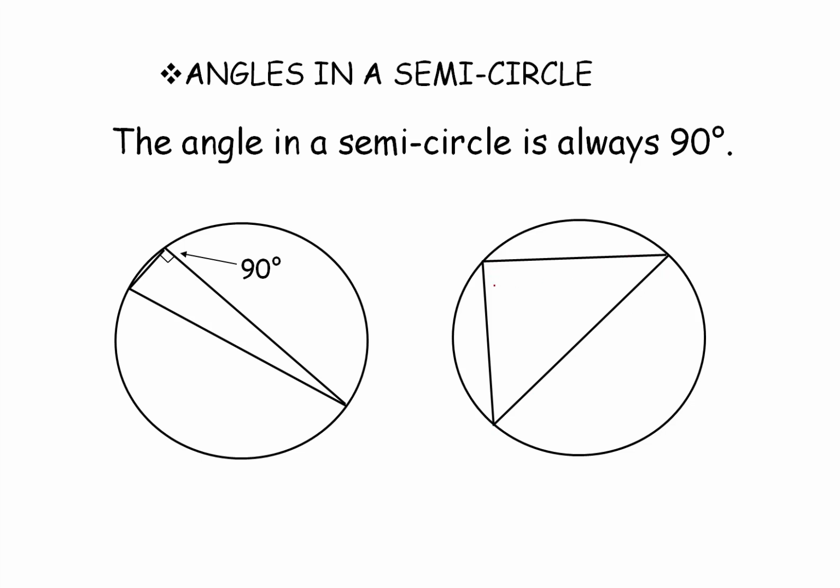So the angle that is being formed here is also 90 degrees. So it could be also in this form. You can clearly see the two sides that form this angle intersect exactly at the same point of intersection of the diameter and that of the circumference of this circle. So this is also 90 degrees.